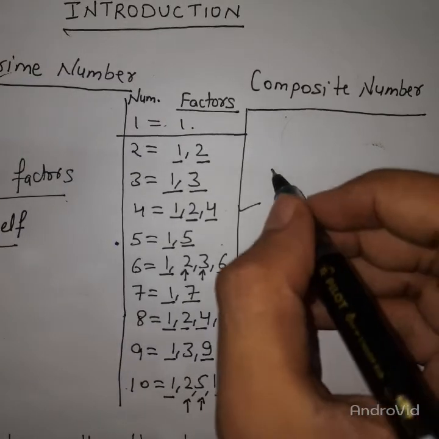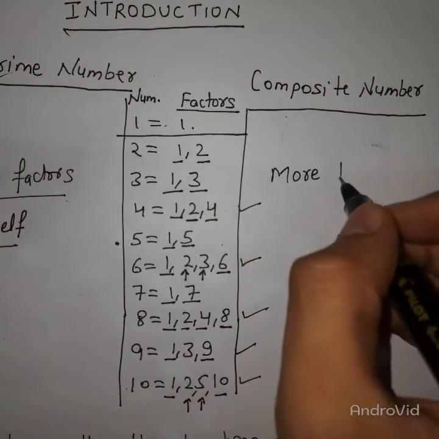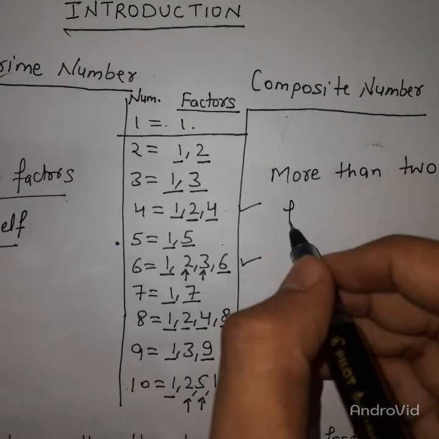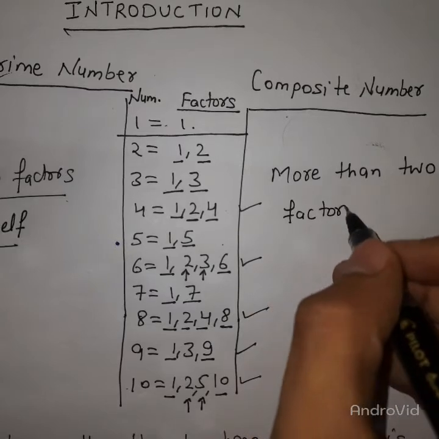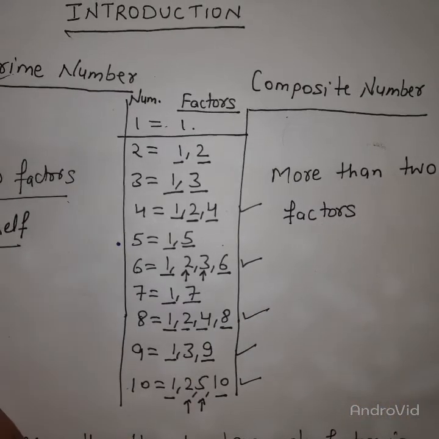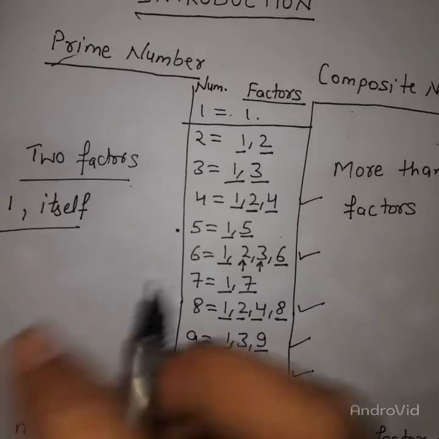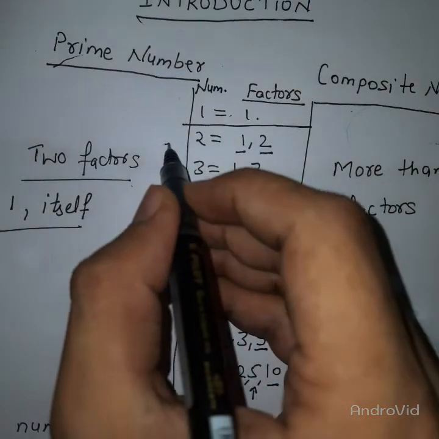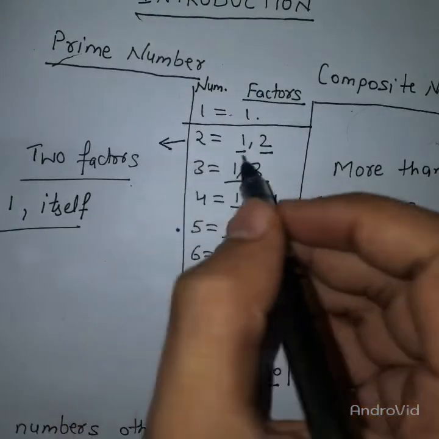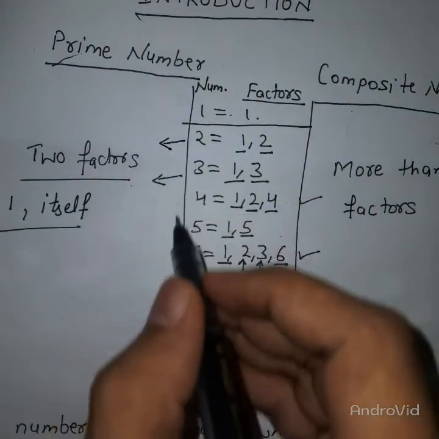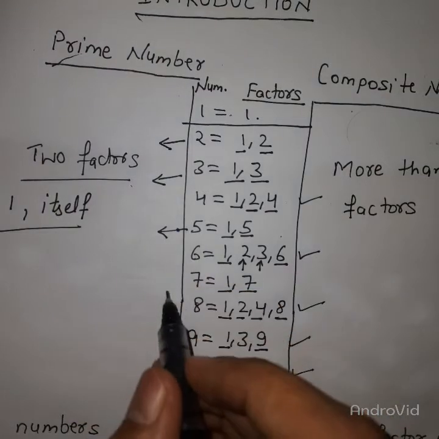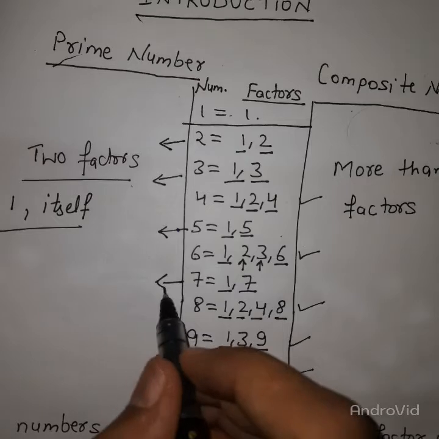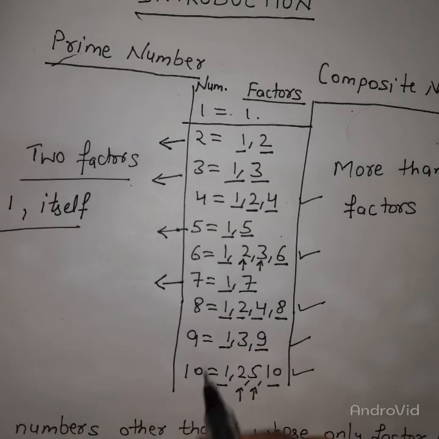These numbers have more than 2 factors. So, we can say that if any number has only 2 factors, like 2 has only 2 factors, 3, 5, 7 and none other.